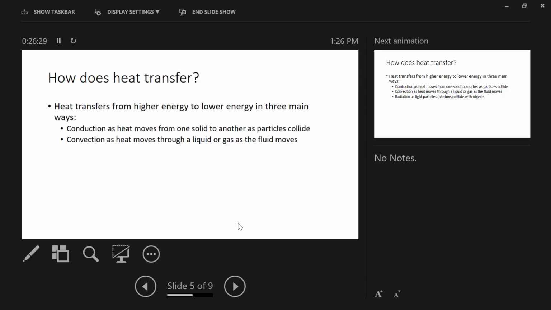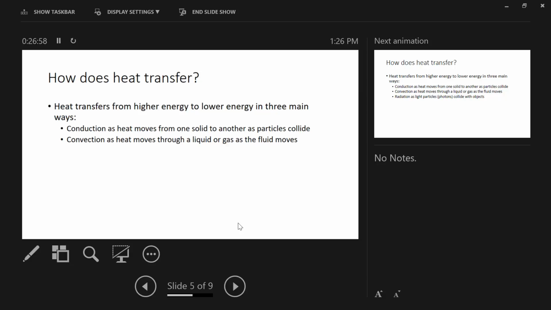And so as heat transfers into a fluid, same thing happens as heat transfers into a solid. The particles speed up. But as these particles speed up, they get further apart. And that fluid becomes less dense, right? If things are further apart, it's less dense, right? You think of something being dense as a whole bunch of material packed tightly together. That's how I think of something being dense, right?